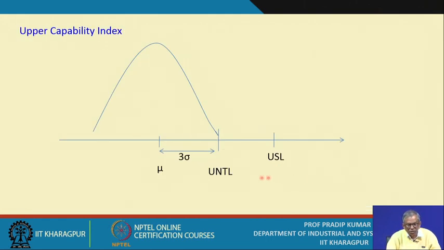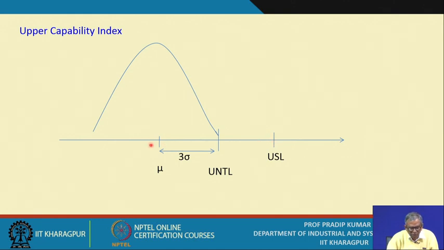Now, this is just an elaboration on, say, CPU. That means, here it is mu, you are considering just this side of the distribution. You have somewhere USL. So, actually any value between mu and USL is acceptable.